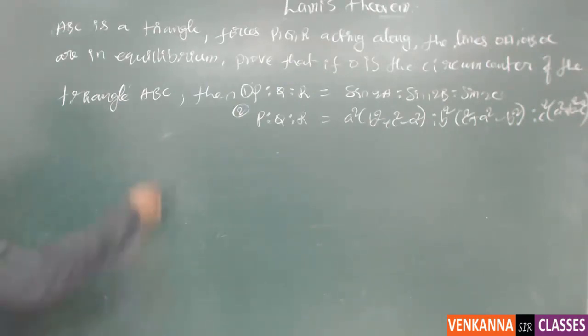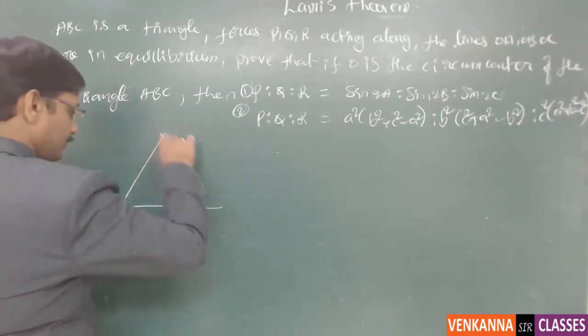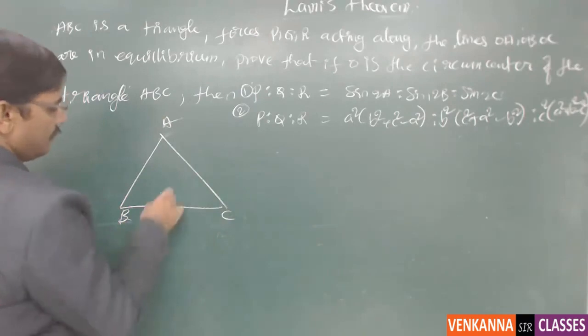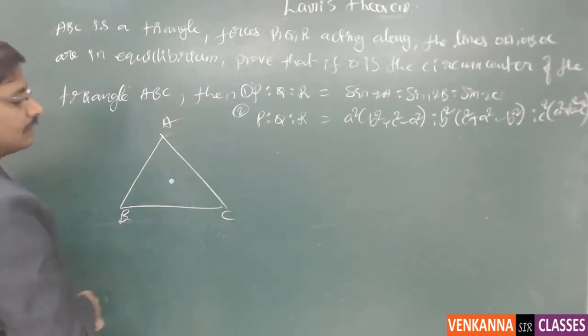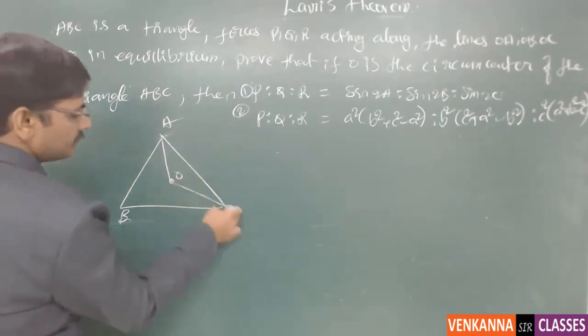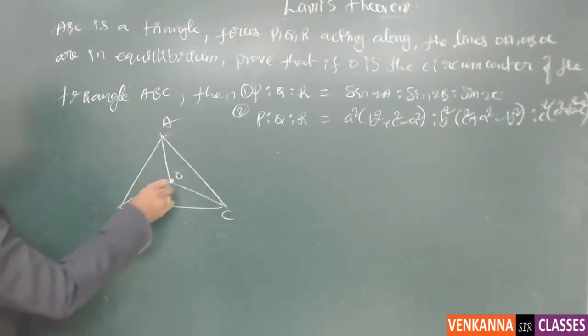So this is straightforward. This is a triangle ABC, and this is actually the circumcenter, and this is OA, and this is OC, and this is OB.